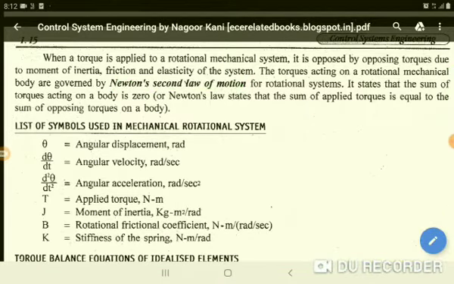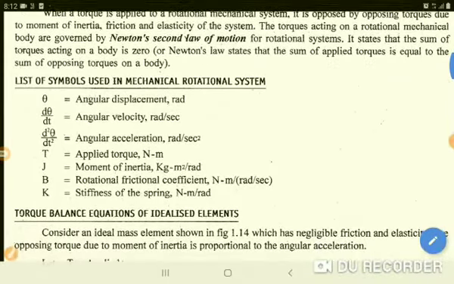So with this understanding, we'll pass on to the list of symbols used in a rotational system.